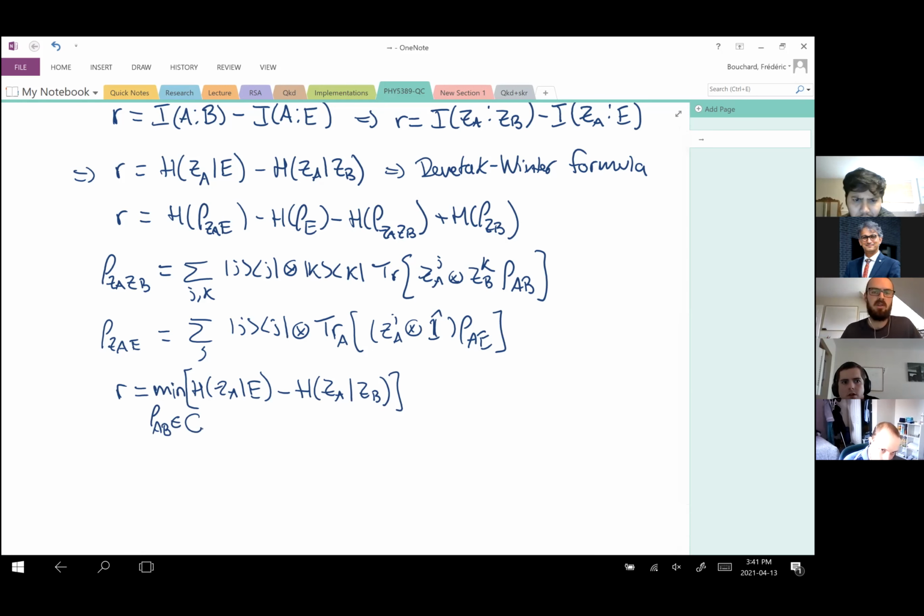If you do an experiment, you have some experimental values, but that doesn't mean you know what the entangled state of Alice and Bob is. So you have to write down a parametrized quantum state, a parametrized density matrix that takes into account the constraints of your protocol or of your experimental measurements.